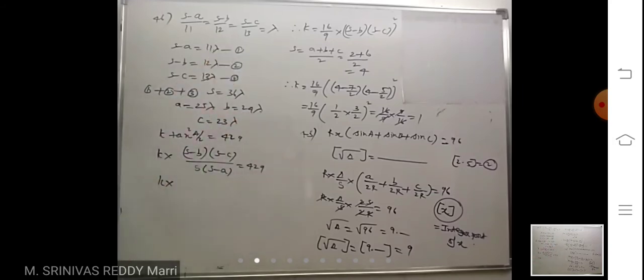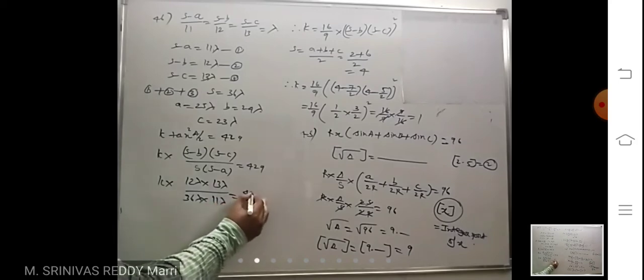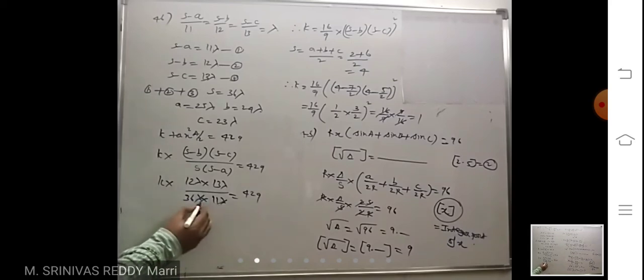So K into, what is S minus B? 12 lambda, into S minus C is 13 lambda, divided by S is 36 lambda into S minus A is 11 lambda. So no need of A, B, C also. Lambda will get cancelled.